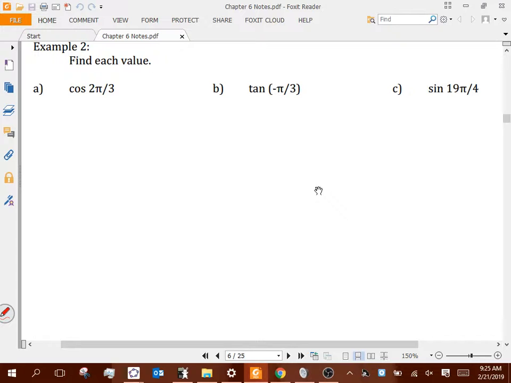There are very few calculators out there where I can type in cosine of 2 pi over 3, and it gives me negative 1 over 2 as a fraction back. Or if I type in tangent of negative pi over 3, it gives me negative root 3 back. There are very few calculators that do that. It'll give me back the decimal approximation of those things, but it won't give it back to me in the exact format, right? With a lot of things that we do, we want the exact format, okay?